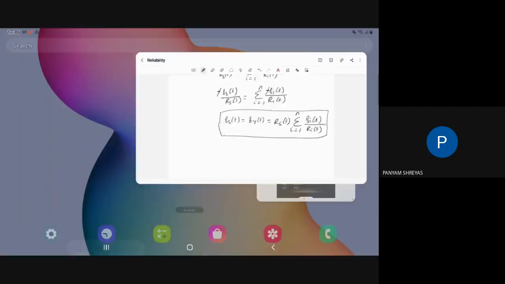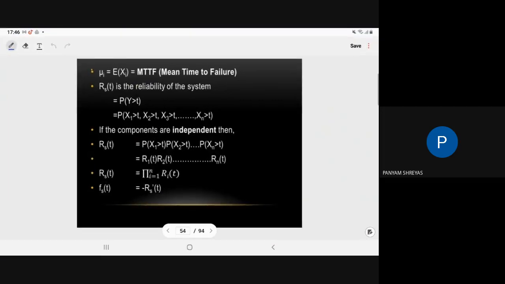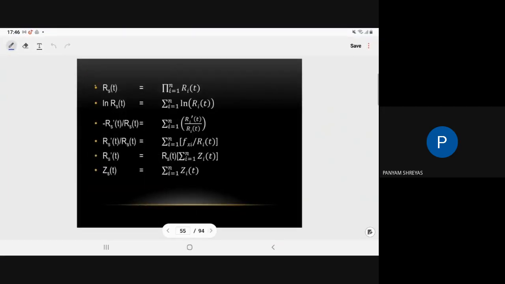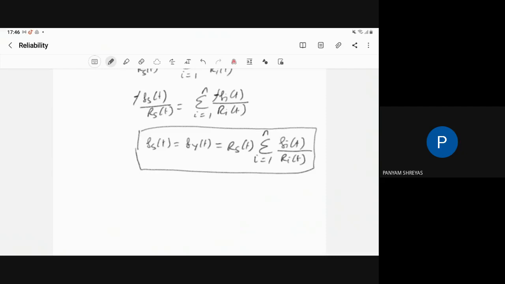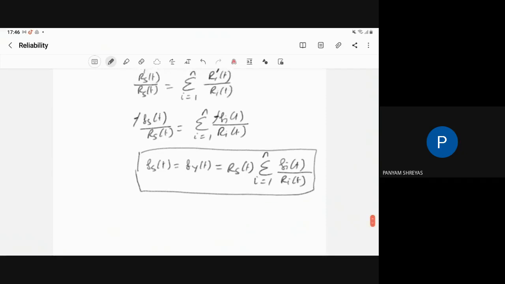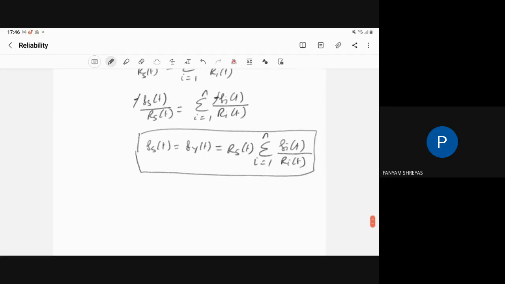Then after having the PDF, we can compute the CDF also. So before the CDF, what is the relation between the f(t) upon R(t)?